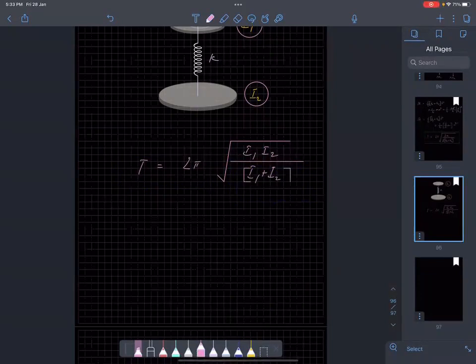So energy stored in a twisted spring will be half k theta square. Sir, here 1 by I1 plus 1 by I2, the reduced moment of inertia? Yes, understood, the reduced moment of inertia.